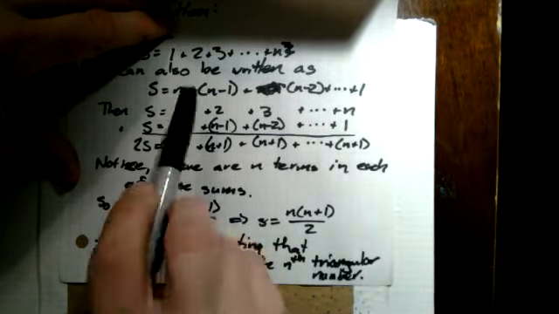So when we add these together, here is our first representation for S, and here is our second representation for S. If we add them together, on the left, of course, we have 2S, but each of these pairs adds to n plus 1. N plus 1 is certainly n plus 1. N minus 1 plus 2 is n plus 1, and so on.